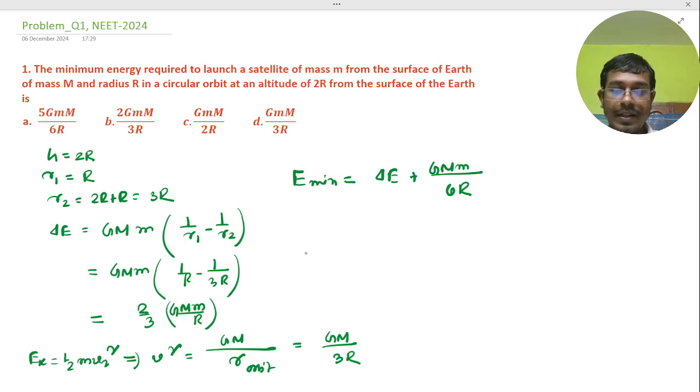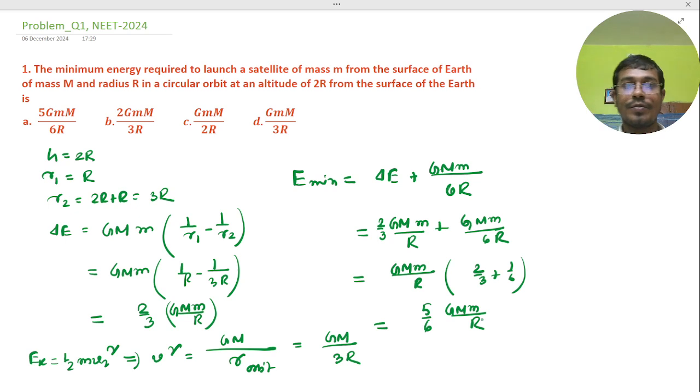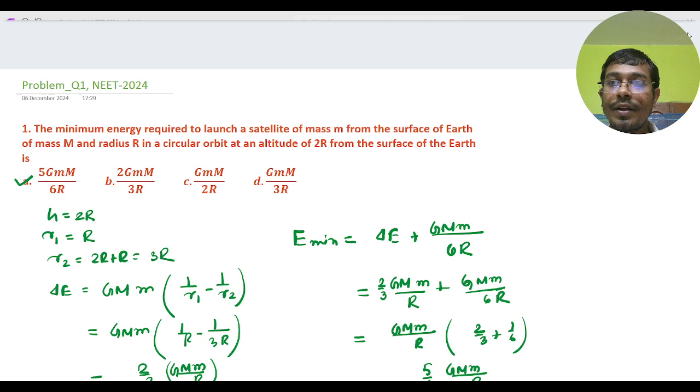Put in the value of delta E, that would become GMm, the value 2/3 GMm by R, plus this one GMm by 6R, and we take GMm by R common, that 2/3 plus 1/6 would become 5/6 GMm by R. So basically the result would become option A, 5/6 GMm by R.